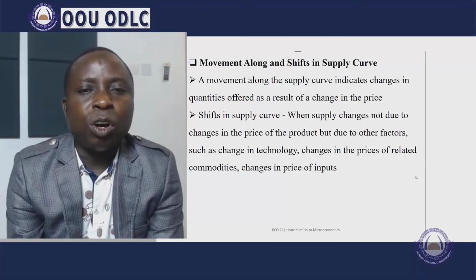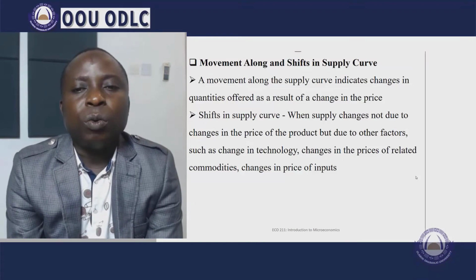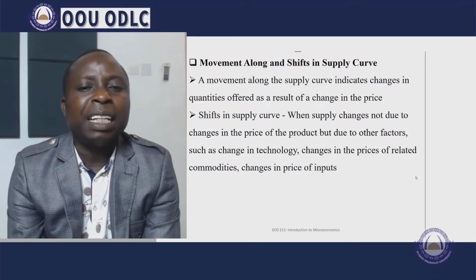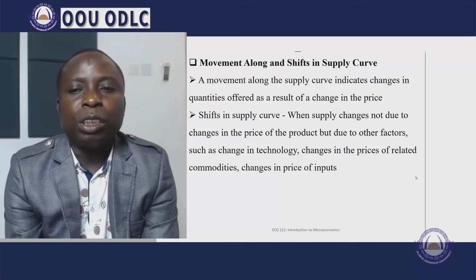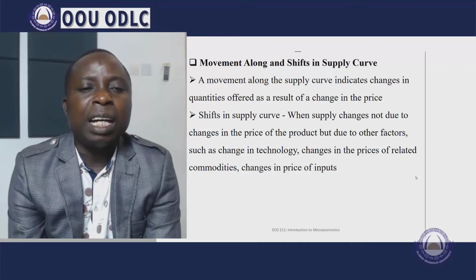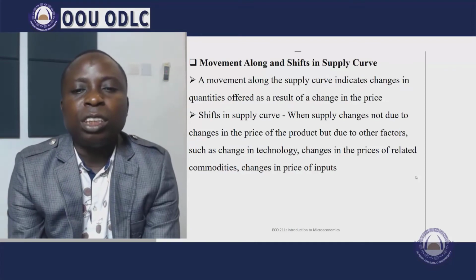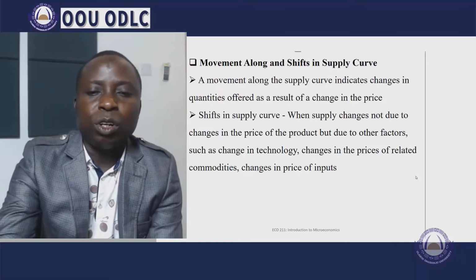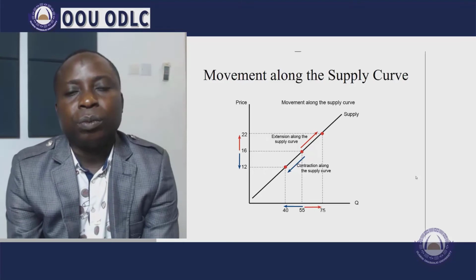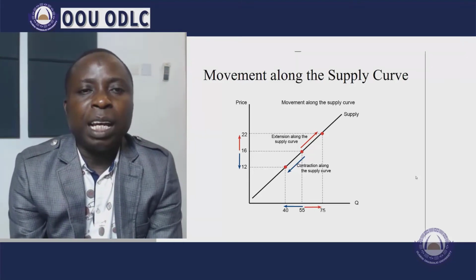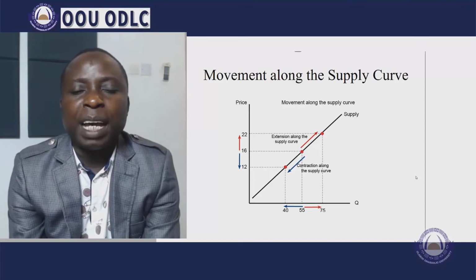Shift in supply curve occurs when supply changes, not due to changes in the price of the product, but due to other factors. Such factors are change in technology, changes in the price of related commodities, changes in the price of inputs. This graph represents movement along the supply curve.